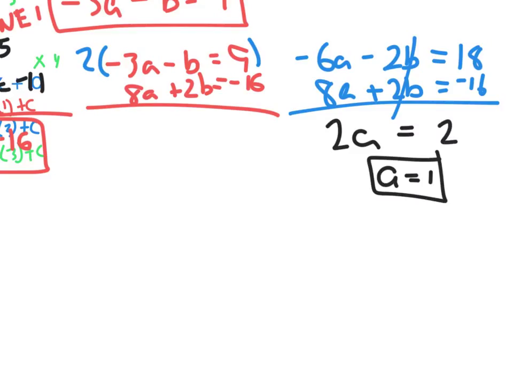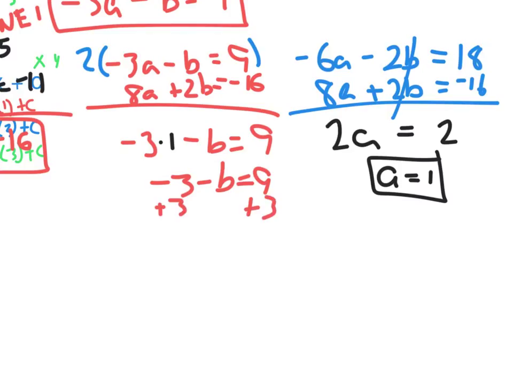So that is one answer. I need to get the other answer by plugging it back in. I want to plug it back in to the top equation of the 2 by 2. So that's going to be negative 3 times a, which is times 1, minus b equals 9. So you're going to have negative 3 minus b equals 9, which means that you add 3, you'll have negative b equals 11.